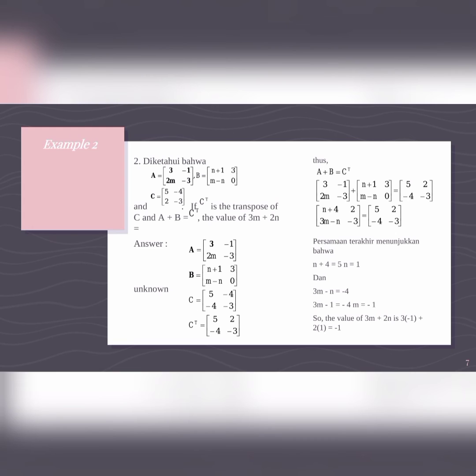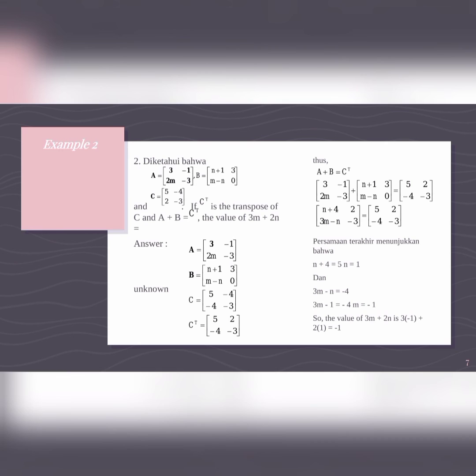So the last equation shows N plus 4 equals 5, N equals 1, and 3M minus N equals minus 4, so 3M minus 1 equals minus 4, M equals minus 1.